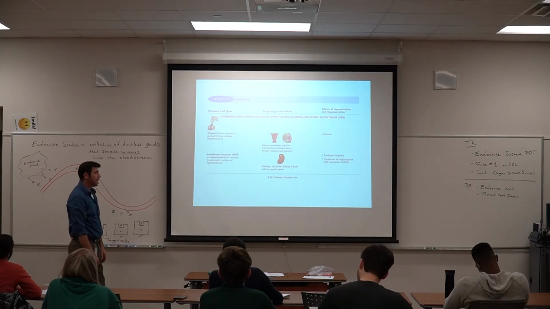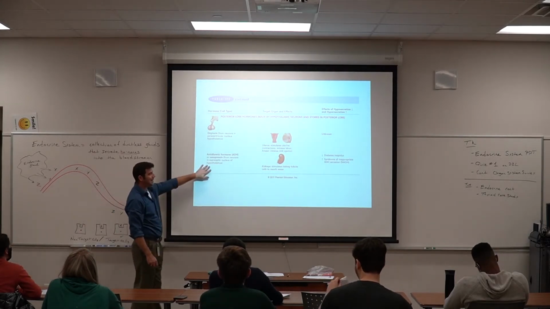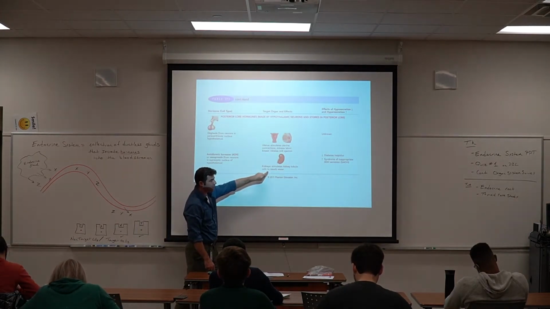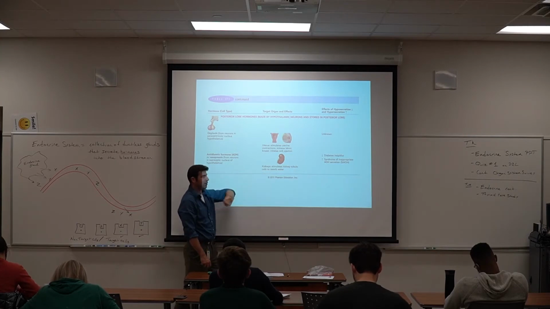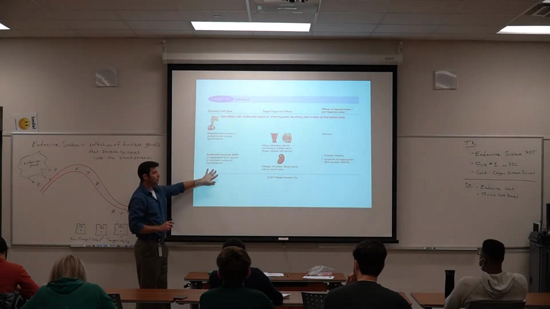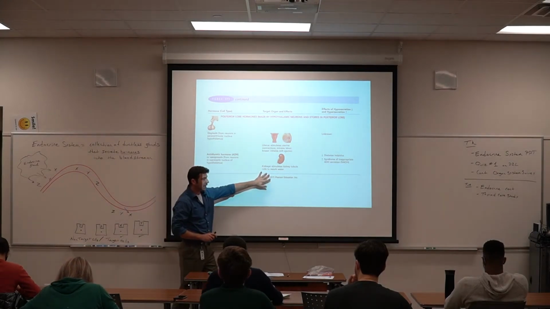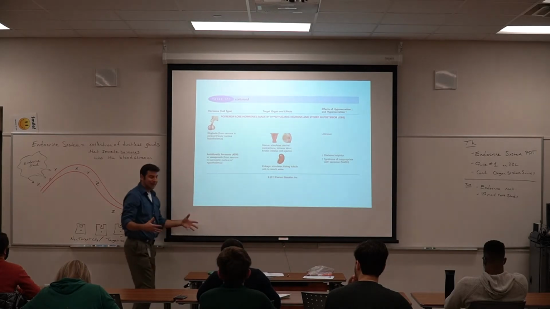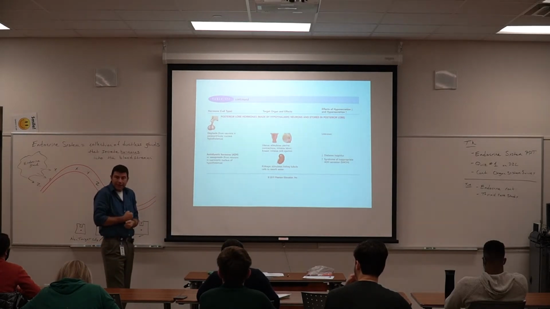The next one that's coming out of that posterior pituitary gland is the antidiuretic hormone. These are going to affect certain cells of the kidney that we are going to draw and label with detail later on in the semester. But right now we just have to know antidiuretic hormone is going to affect the kidney. And the wording there is a little weird. Just think that it's going to cause that kidney to hold on to more water, to retain that water.